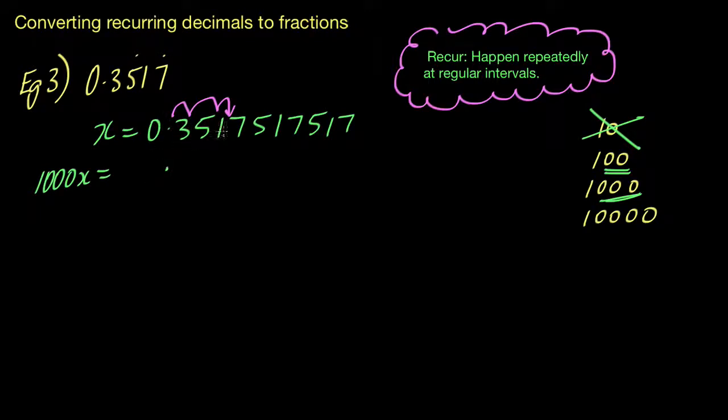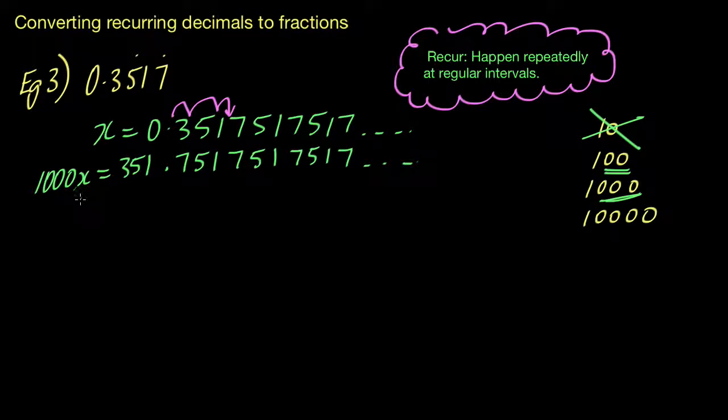We get 351.751751. 7, that doesn't match up. But look at this, 51, 751, 751, 7. That works. So what we've found is that multiplying by 1,000 gets us our numbers that are going to cancel each other out. So why does that work?